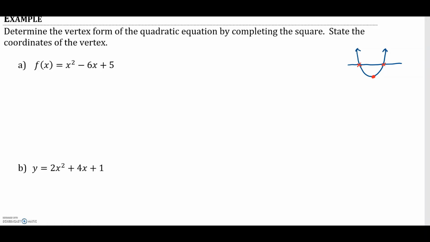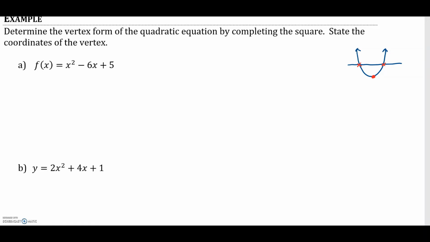Therefore, if we were to find our two roots, we could find the midpoint between them, and that would be the x value of our vertex. Then we could calculate the corresponding y value by plugging that value into the original equation and describe the vertex in that fashion. So that's one way that you can check or confirm whether the method of completing the square does in fact work.